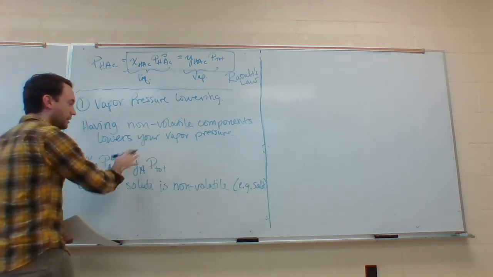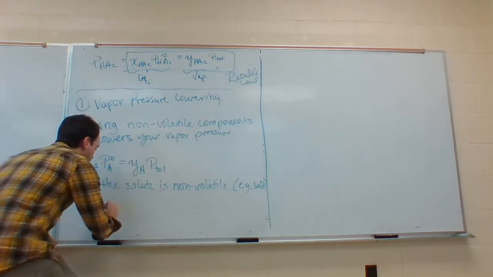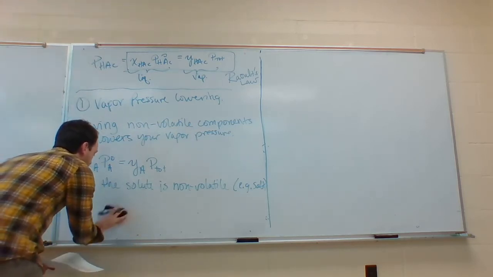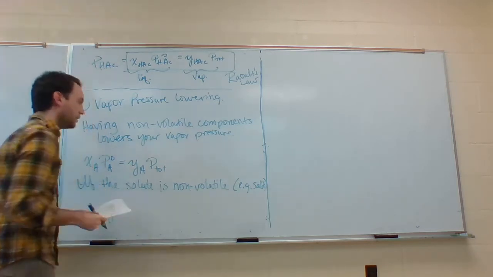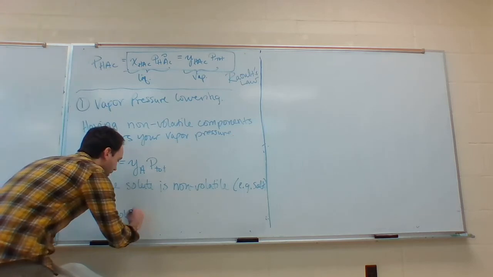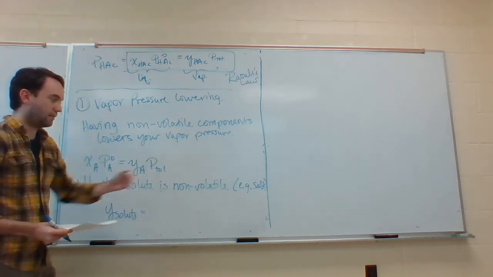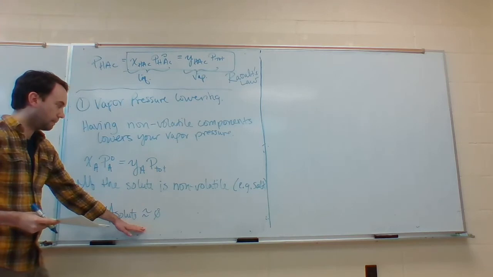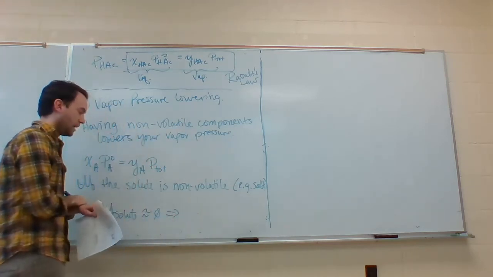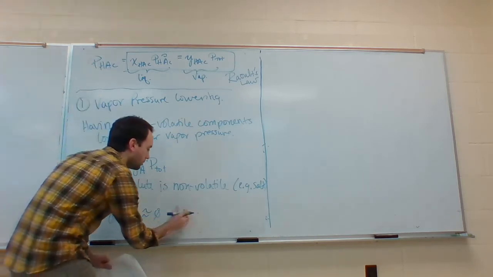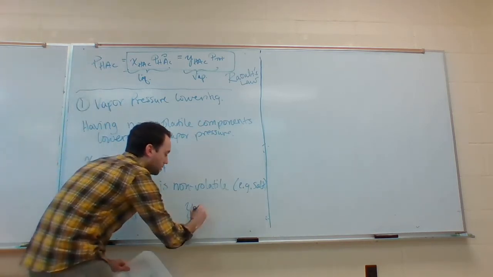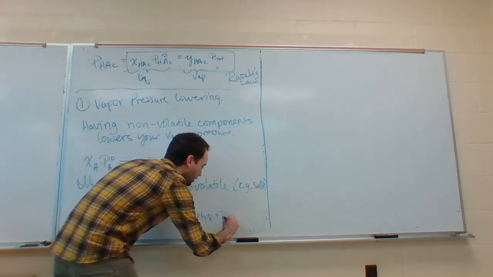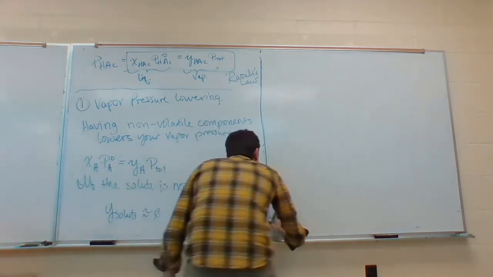So that means that the mole fraction of the solute in the vapor, since it's non-volatile, none of it went up, is going to be very, very close to 0. That also means that if the fraction of solute is added to the fraction of solvent, that will equal 1, right?